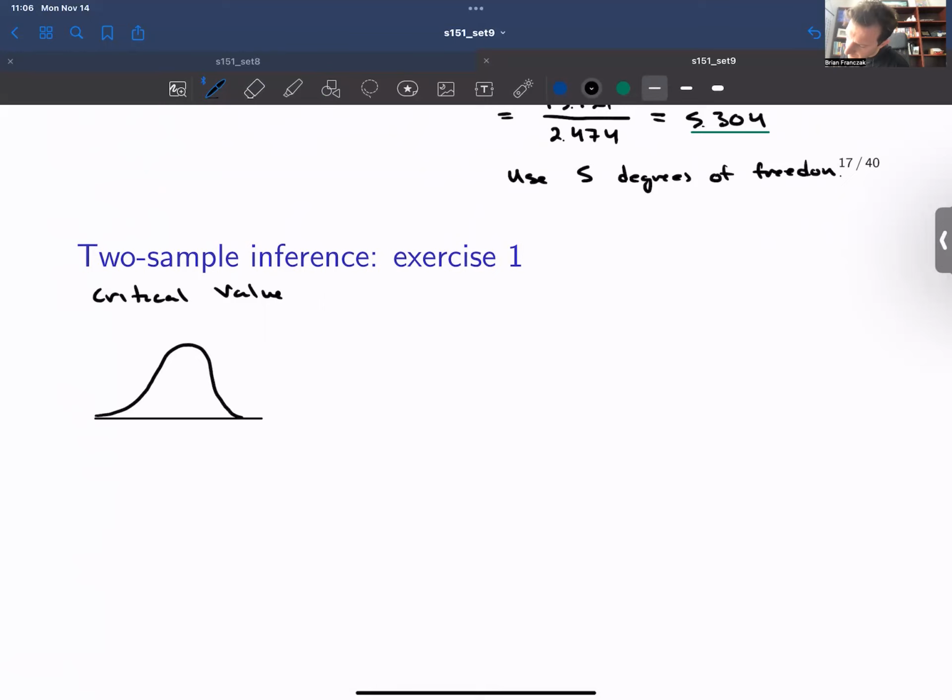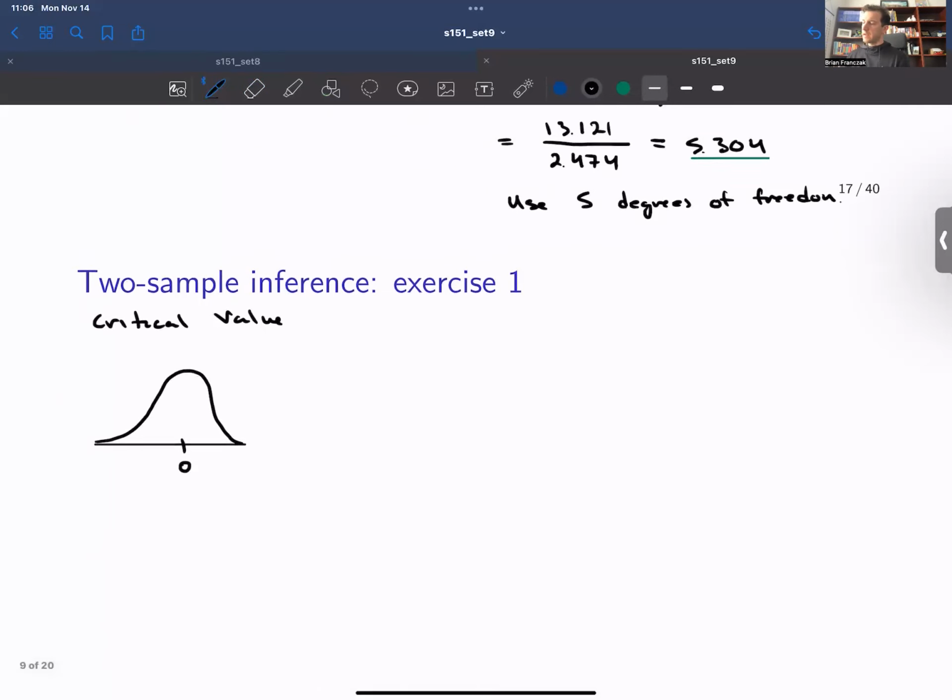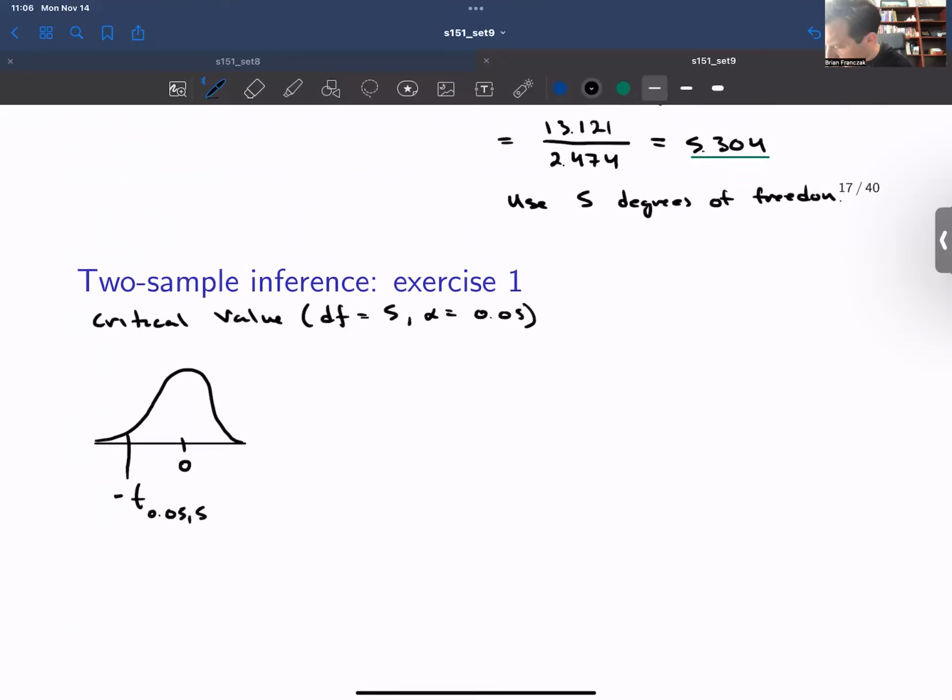Okay, so this is going to be my sketch of a t-curve centered at 0 here. I'm going to have df equal to 5, and we have alpha 0.05. We're running a lower tail test in this case, so I'm going to have a negative t-value on 0.05 and 5.